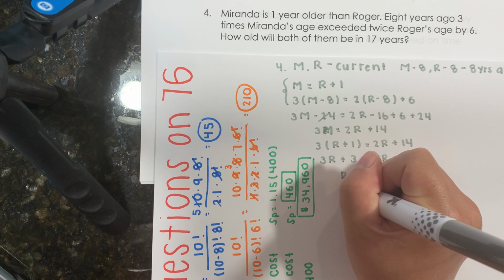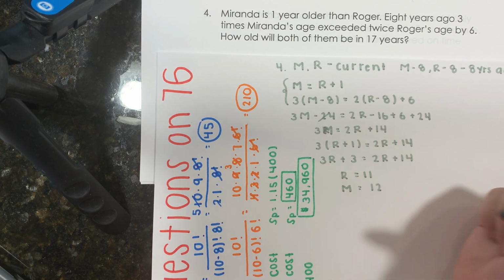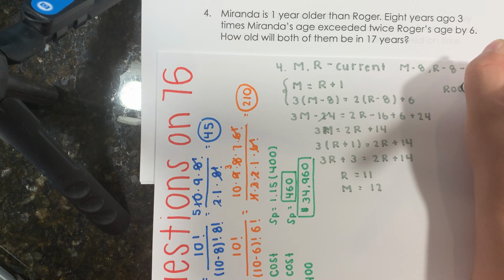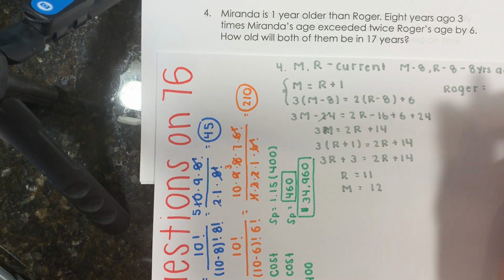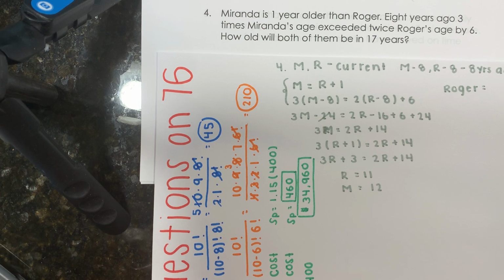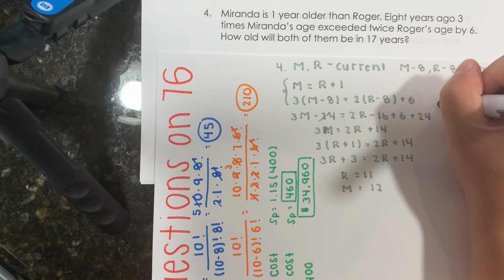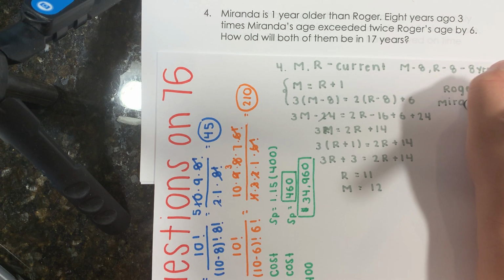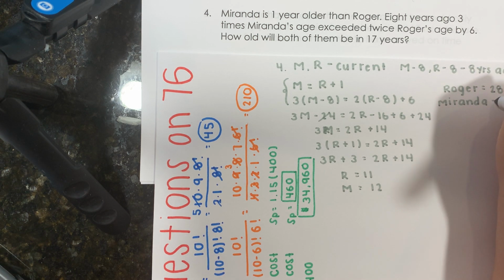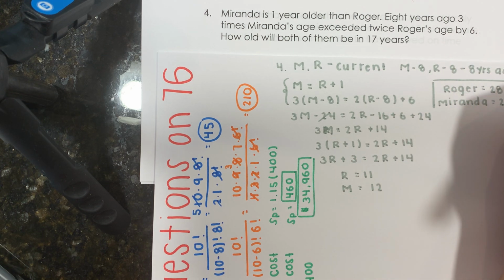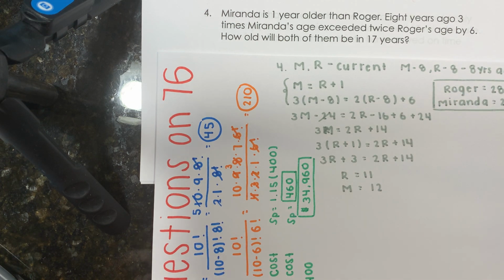And that means Miranda's current age is 12. But we want to know how old they will be in 17 years. So in 17 years, Roger is going to be 28, and Miranda will be 29. So 28 and 29 are your answers.